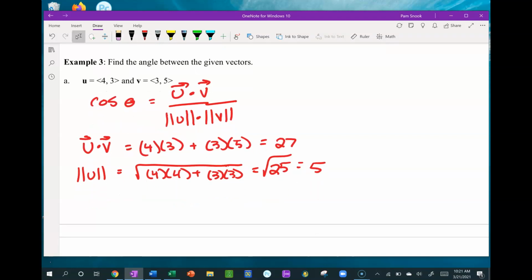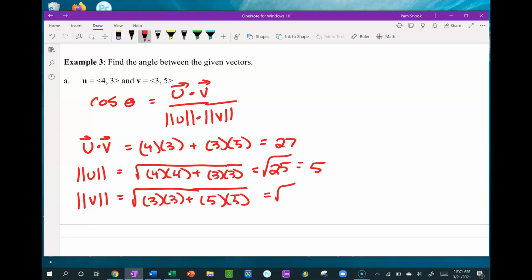Now let's get the dot product of v dot v. I'm going to square root that. So square root of 3 times 3 plus 5 times 5. I get the square root of 9 plus 25, so square root of 34.